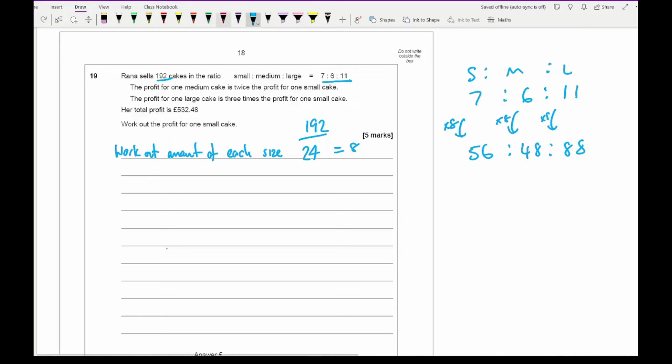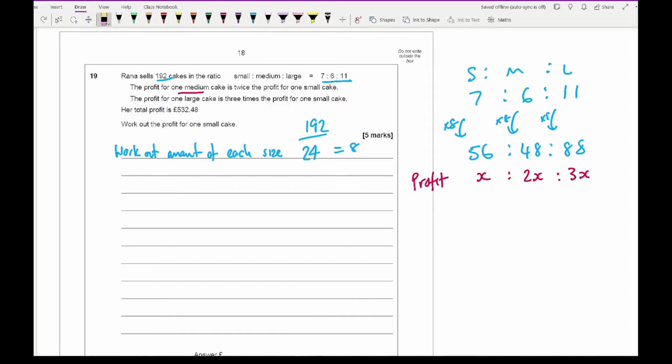Now in terms of the profit, if we imagine that one medium cake is twice the profit of one small cake, so if the profit is x for a small cake, then the profit for a medium is going to be 2x, because obviously it's twice the amount of profit. And the profit of one large cake is 3 times the profit of one small cake, so that's going to be 3x.